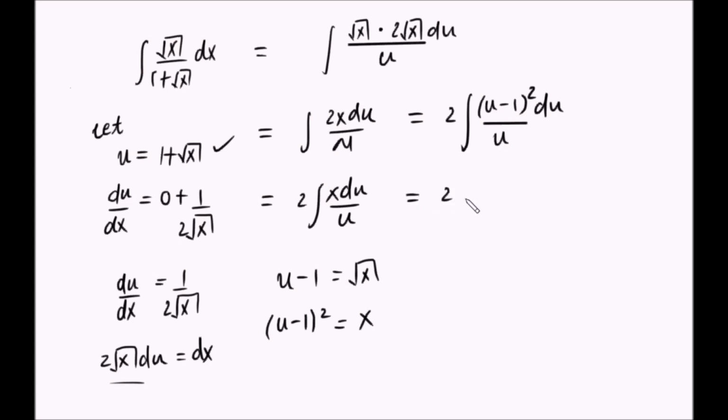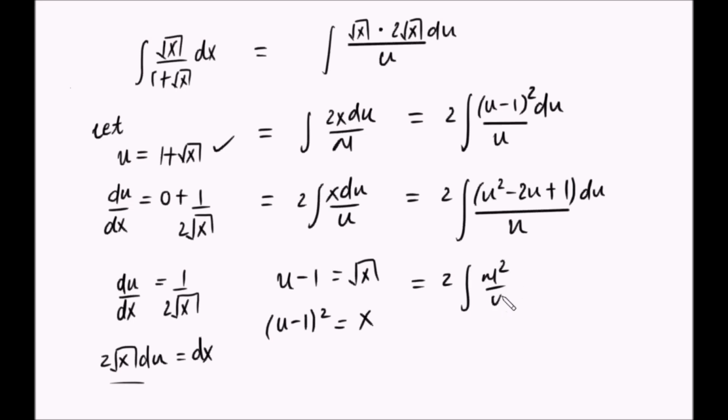So what do we get here? This becomes u squared minus 2u plus 1, over u, integrate with respect to u. So this one becomes 2 times the integral of u squared over u minus 2u over u plus 1 over u, with respect to u.